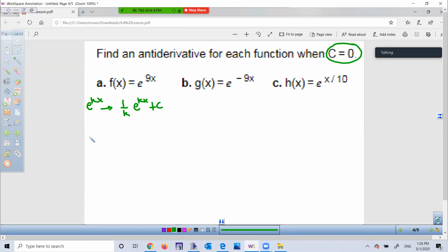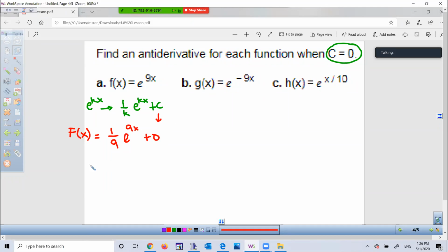So what I have to do is come up with the antiderivative with a capital F and just use this formula. So 1 over k, what's my k? It's a 9, times e raised to the original kx. So e raised to the 9x plus the c. What's going to be the c? I'm already going to do the substitution of c by the number 0, plus 0.